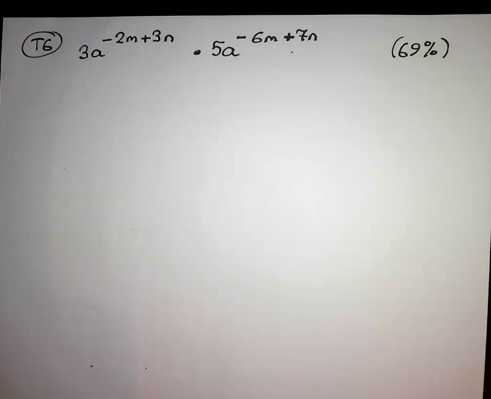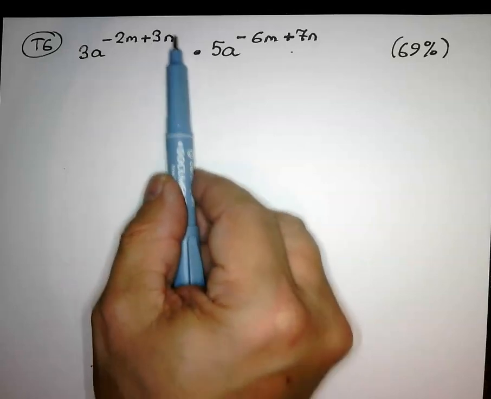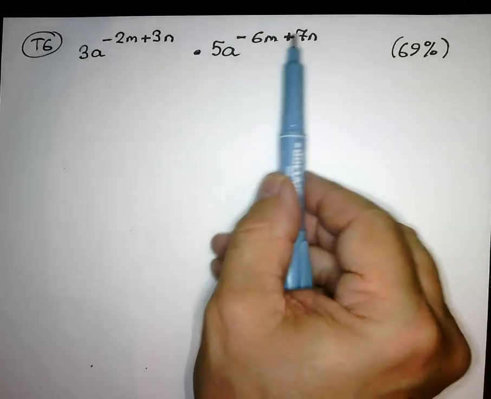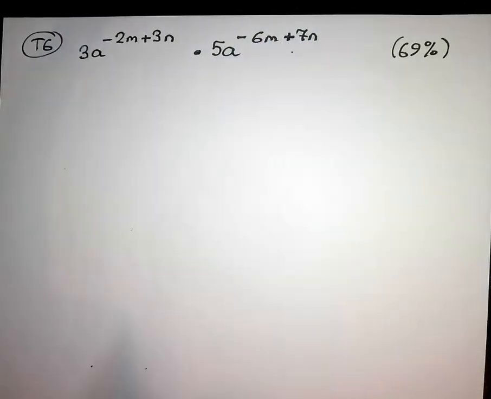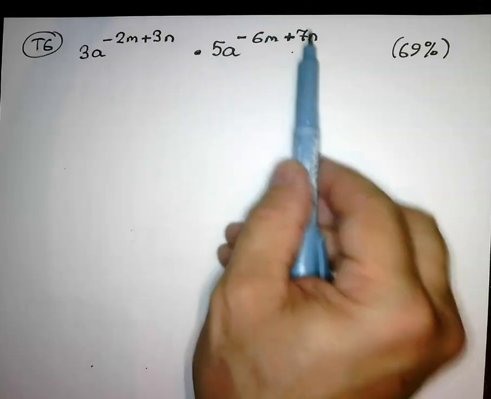We have here multiplication, and here we have 3, and then we have this kind of a power expression, then we have 5, and this kind of power expression, and this is multiplication, 3 times this times this times this.